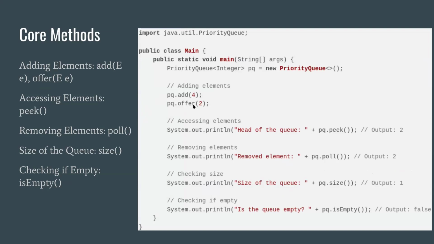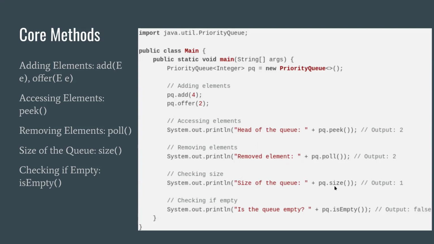And in order to access the head of the queue without removing it, you can use peek, which returns the head element or null if the queue is empty. In order to remove and retrieve the head of the queue, you can use poll method. This method removes the head element and returns it. If the queue is empty, this will return null.